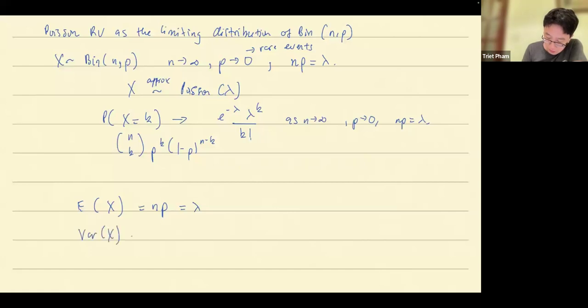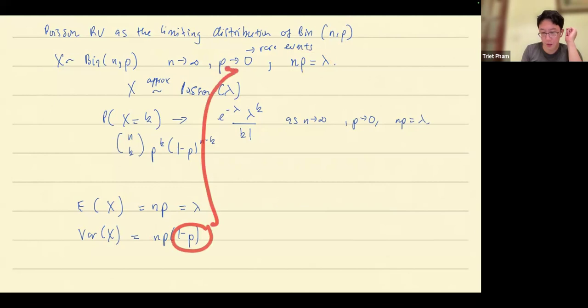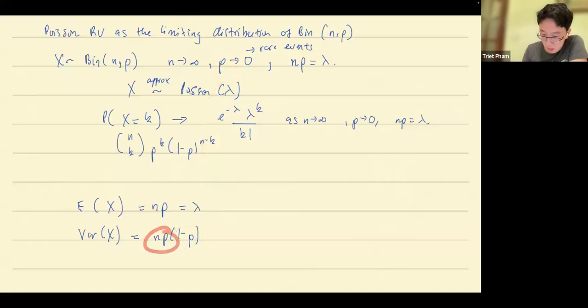The variance of X is n times p times 1 minus p. But what scenario are we in? We're in the scenario where p goes to 0, n goes to infinity, and np equals lambda. So this is lambda. But what about 1 minus p? As p goes to 0, 1 minus p goes to 1. So this also is lambda.